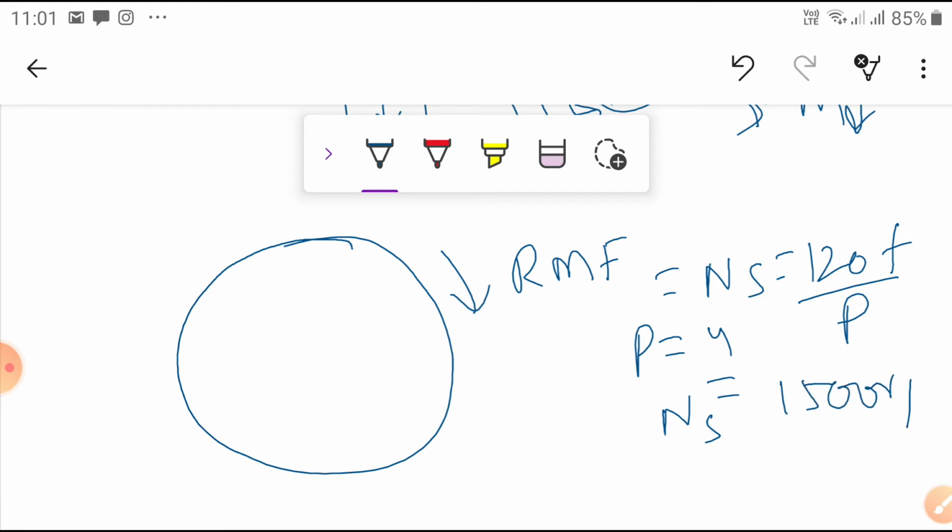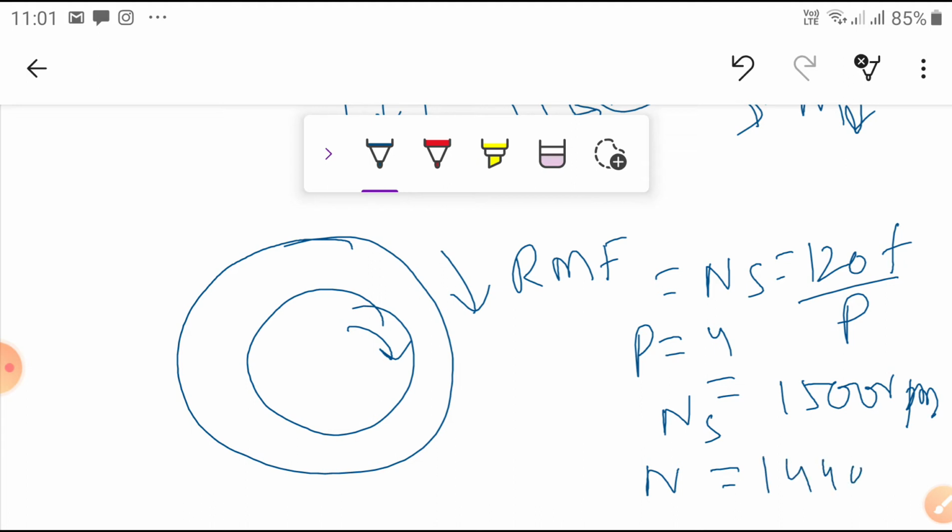Let us assume that the rotor will rotate in the same direction and try to catch it. The rotor speed is N, say 1440 RPM only. So the relative speed between these is 60 RPM.